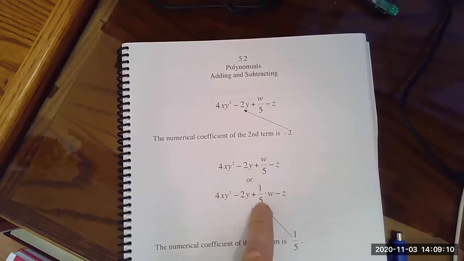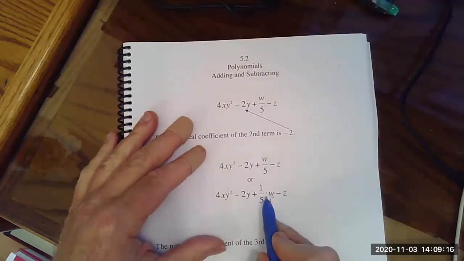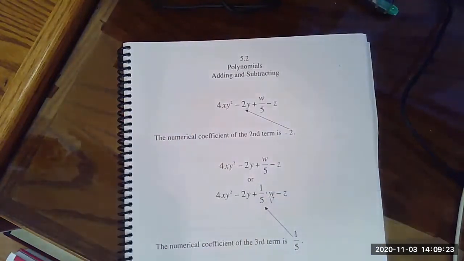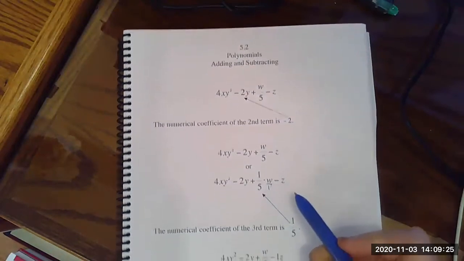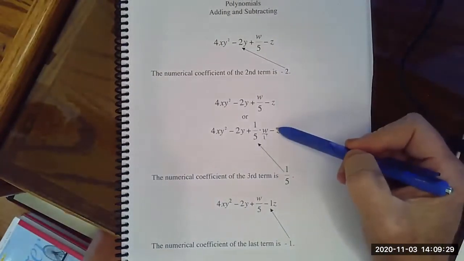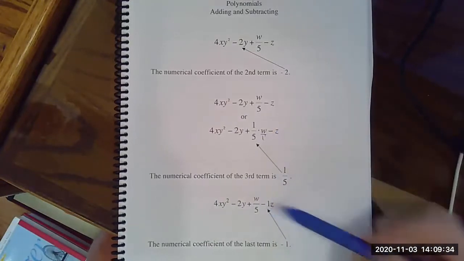So the numerical coefficient is 1/5. Remember how to multiply these if you wanted to go backwards? Straight across. 1 times w, 5 times 1, w over 5. So yeah, the numerical coefficient is 1/5. And the last term right here, the numerical coefficient is negative 1. Negative, but there's a 1 right there.